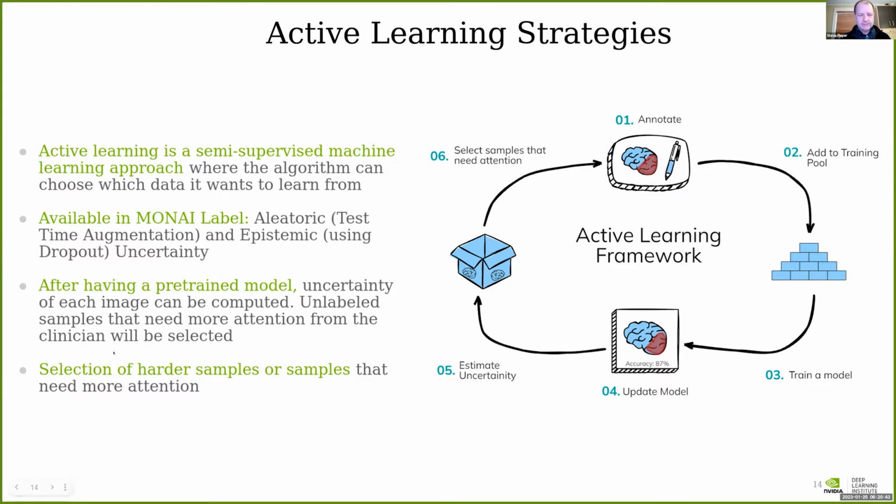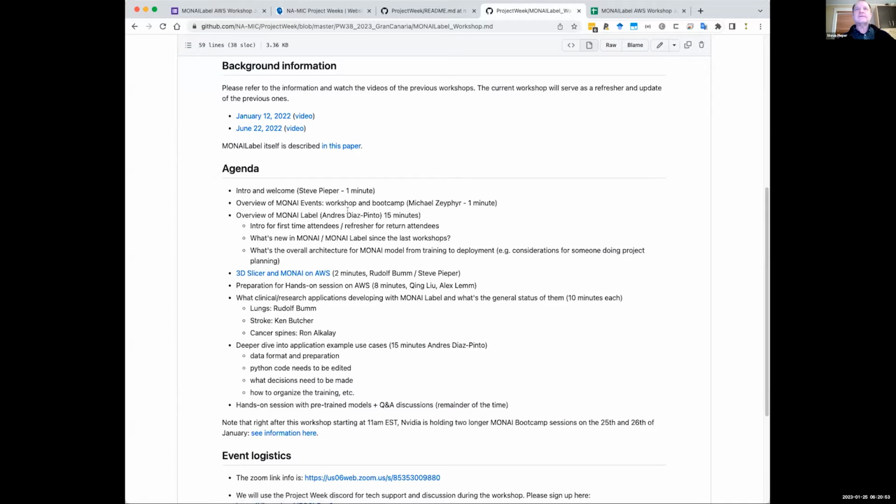Let me take over screen share for a second here. The next thing we wanted to do, just to give you a heads up, now that you've got a fresh look or a refresher on MONAI Label, is to give you a minute to hear about how you can make use of this conveniently on cloud computing resources, and then more about the AWS implementation and what's going to be coming up during the hands-on session.